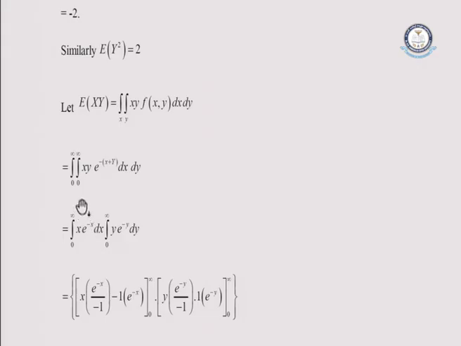The limits are 0 to infinity, because the given limits are non-negative, x greater than or equal to 0 and y greater than or equal to 0. So it is 0 to infinity and 0 to infinity, of xy and that function, e power minus x plus y dx into dy.